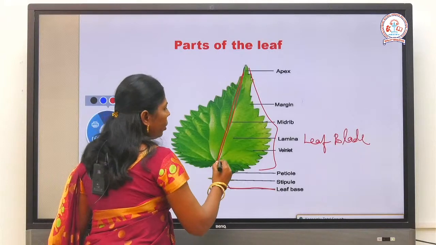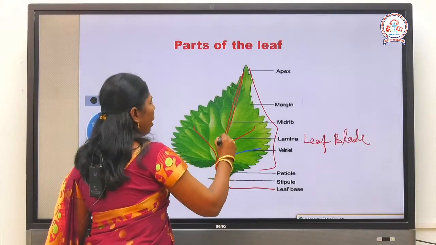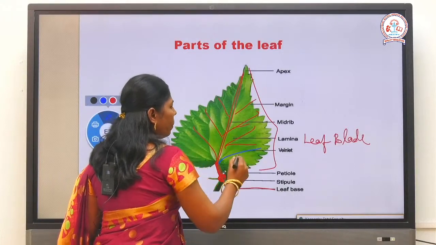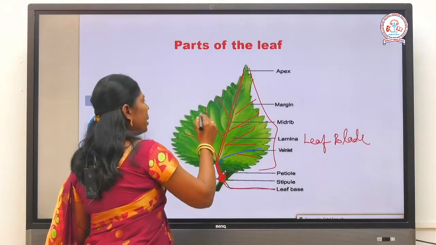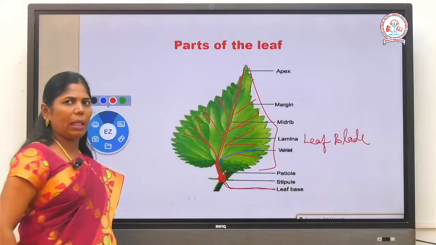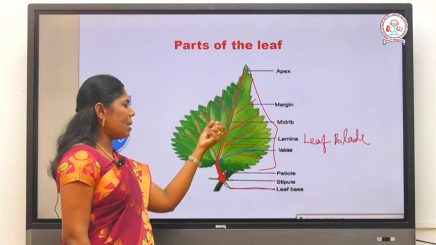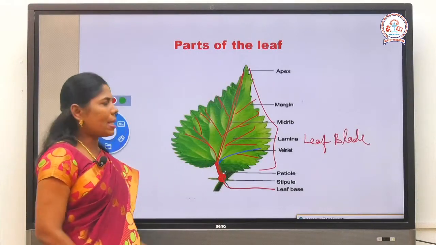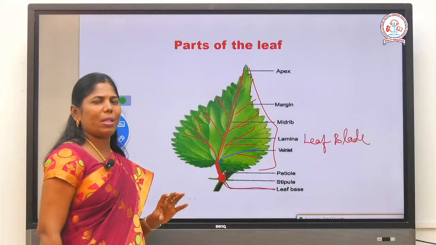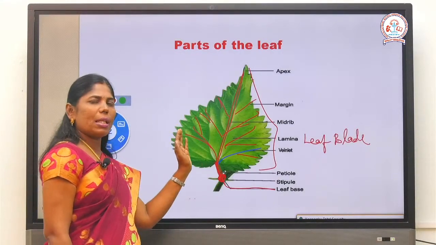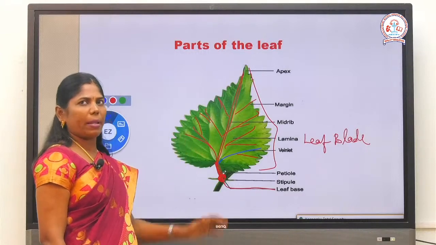From the midrib the lateral veins arise, from the lateral veins the primary veinlets start, and from those the secondary and tertiary veinlets arise. All the veins arise from the midrib and look like a net-like formation. This is considered reticulate venation, which is characteristic of dicot plants.